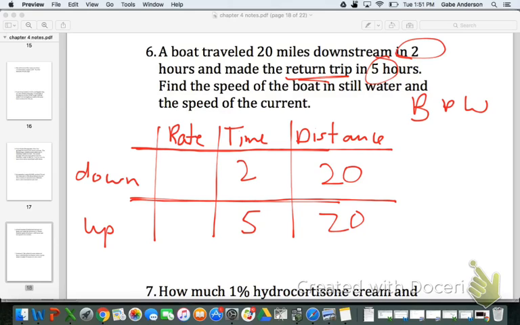B plus W. That's right. The rate would be the rate of the boat plus the rate of the water. That's going to give you your overall rate because the boat and the water are working together to go really, really fast. What do you think about the rate upstream? B minus W. Yep, boat minus water would be your rate going back upstream.